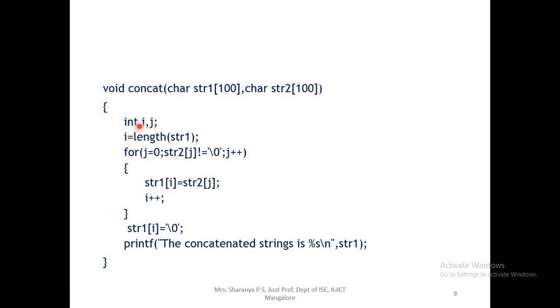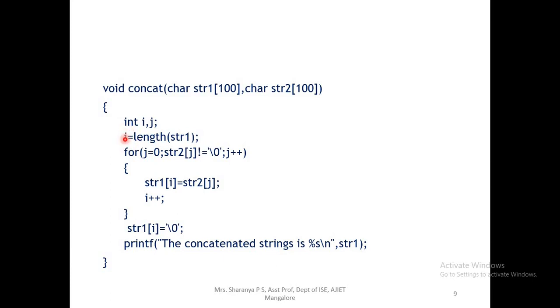That is, int i, j, we are using two looping variables to process each element present in the string. And here, first we are finding the length and storing it in the i variable. What is length?